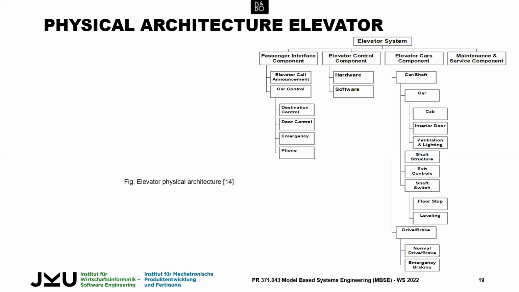So what are the components? It's described here. And of course, this is common for every physical object, even for a software object, you also need to have maintenance and service. So those are the things in how he described the physical architecture.